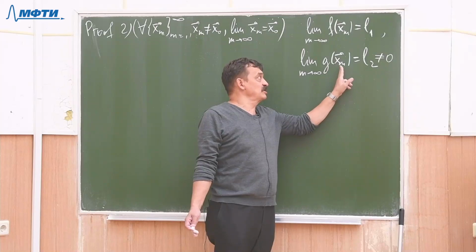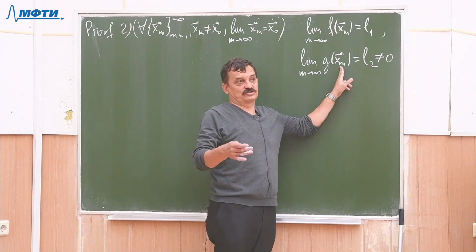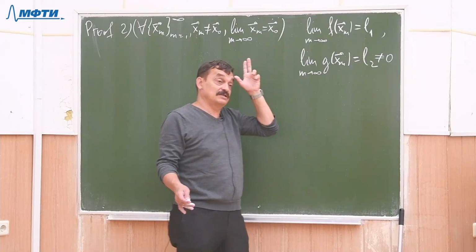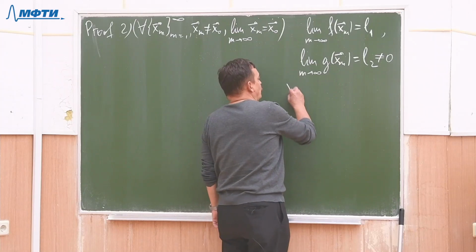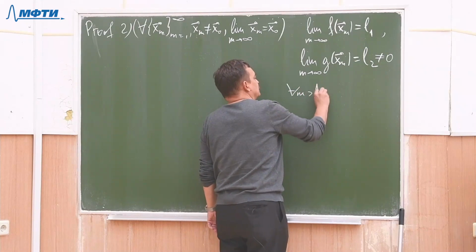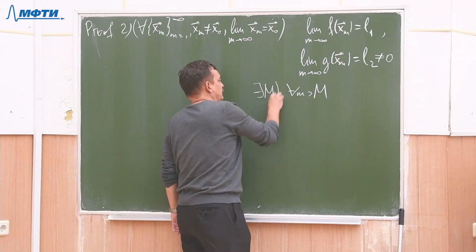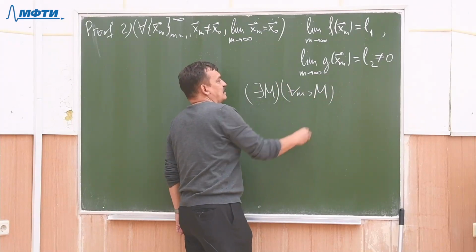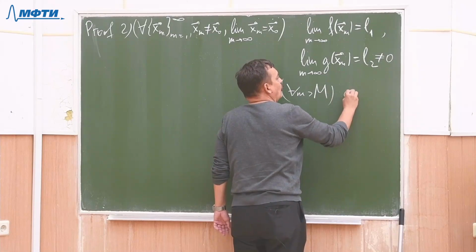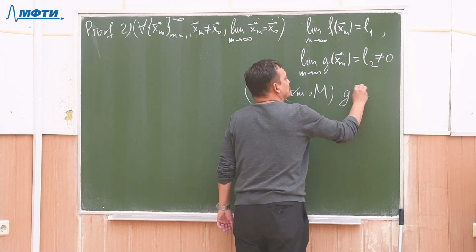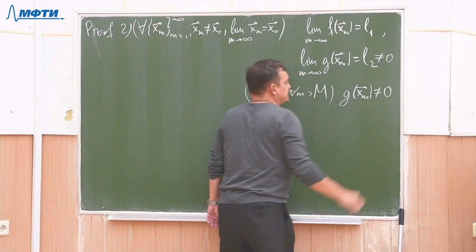For sufficiently large m, it means that for all m greater than, let's say, capital M, there exists such a capital M, such that all those numbers are not 0.